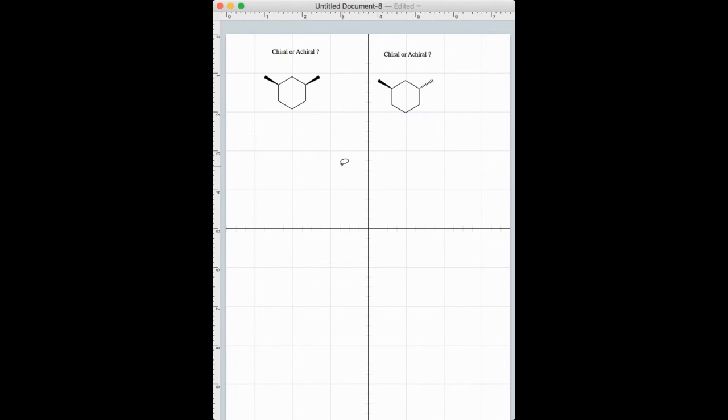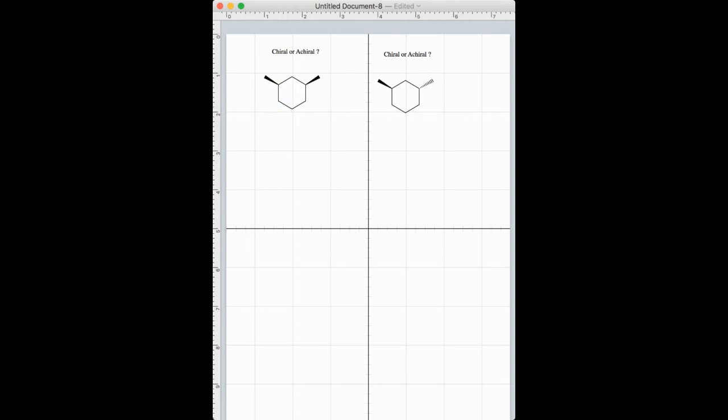So to assign chirality, remember, you can look for elements of symmetry, or maybe you can look into chiral centers. That could give you an idea too. I'm going to look directly into elements of symmetry here. So this molecule here, if I draw a plane, let's say over here, across these three groups here, this side on top is totally different from this side over here, so that's not a plane of symmetry.